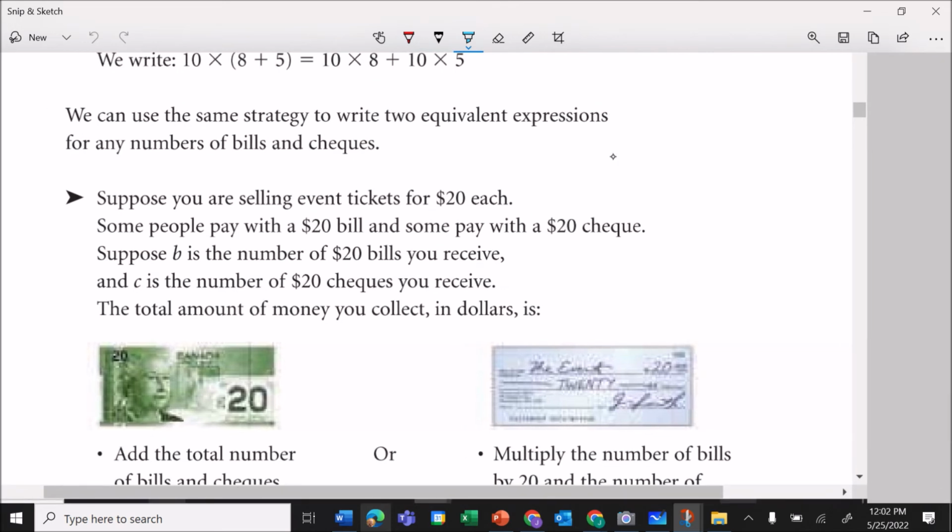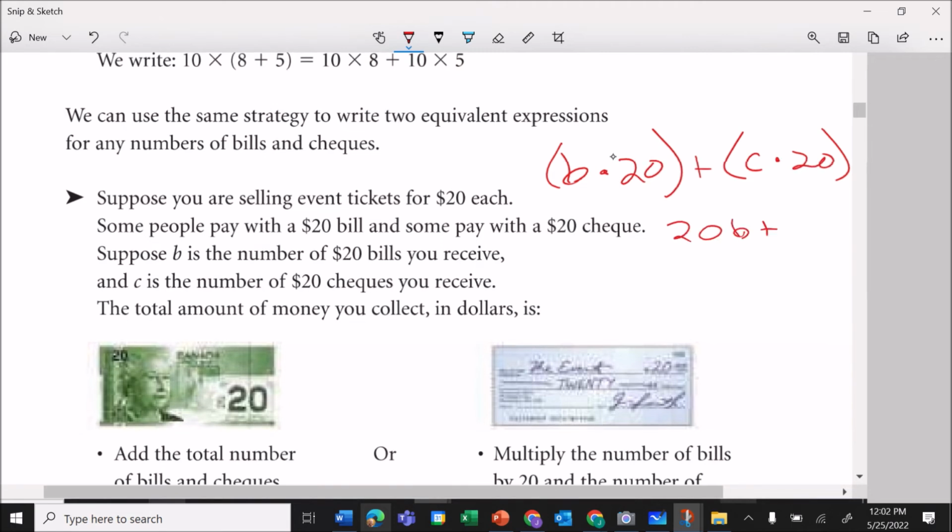Here we go. One of the first things I saw out there was someone do B times 20 plus C times 20. Does that work? Yeah. Sure. What about this? Yeah.